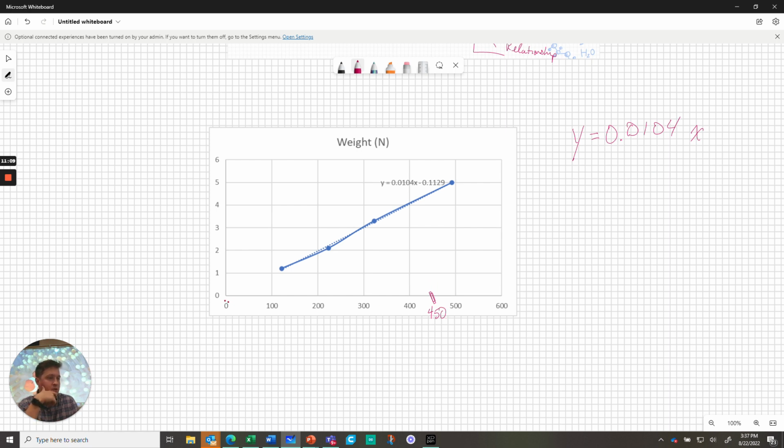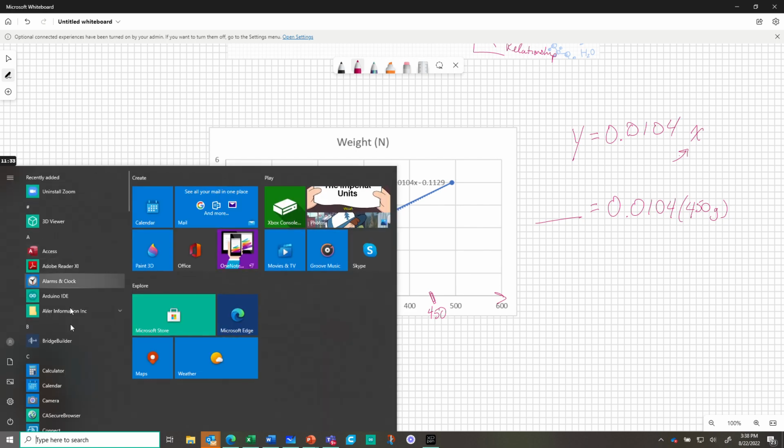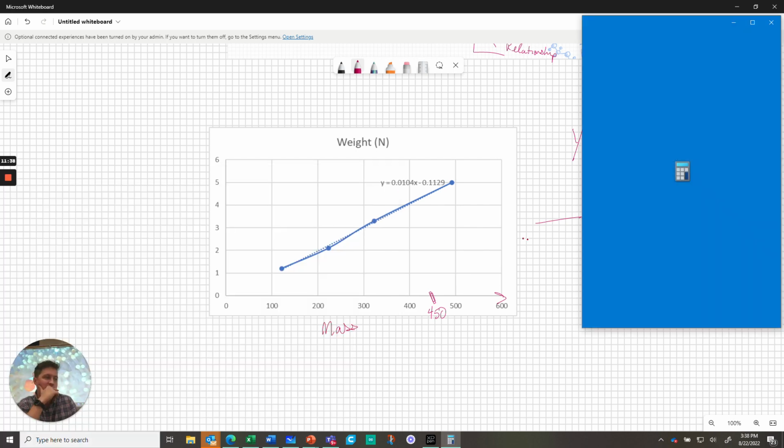Okay, and that will give me the weight. So if I pull up the calculator, 0.0104 times 450 gives me 4.68. Perfect, it's already in 3 sig figs. 4.68 newtons.